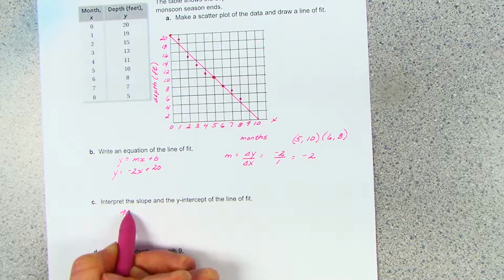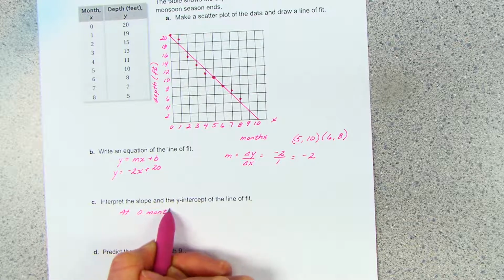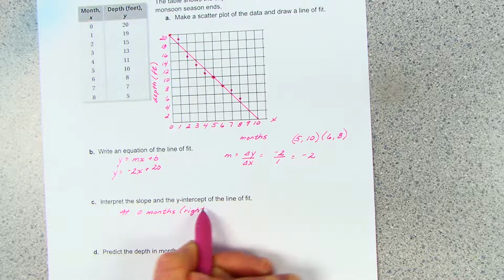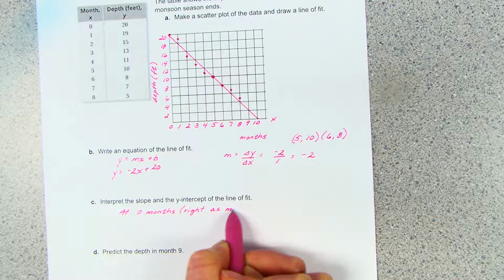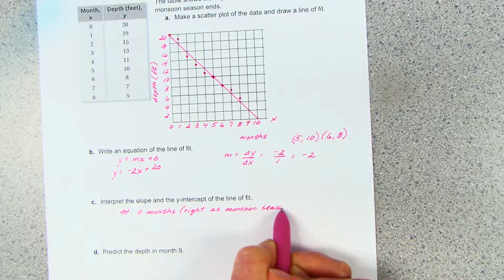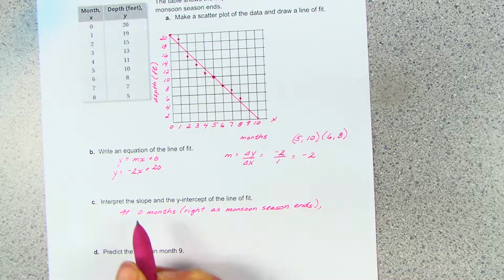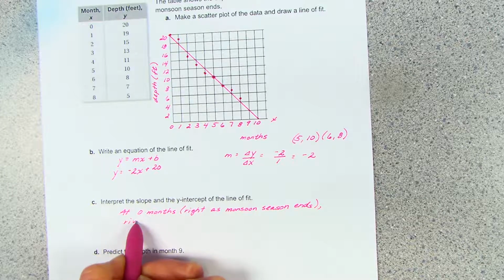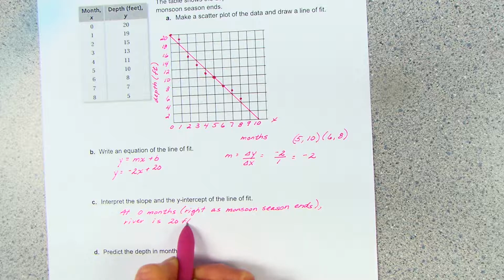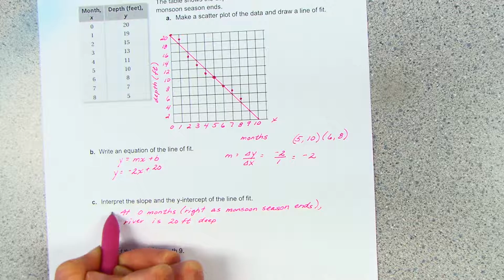At 0 months, or right at the end of the season, the river is 20 feet deep. Okay, so that's the y-intercept.